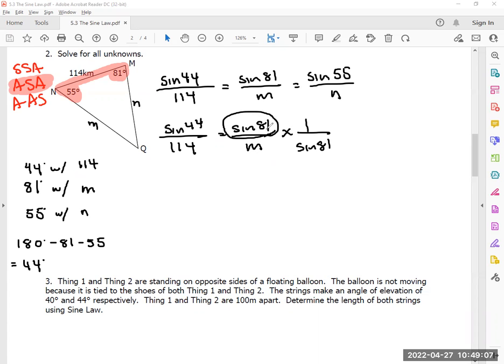That's the annoying part. Remember, this is equal to sine 81 over 1 right here. How do you turn that into a 1? Well, you would have to have sine 81 in the denominator so that they will reduce into 1. It gets complicated, it gets annoying.